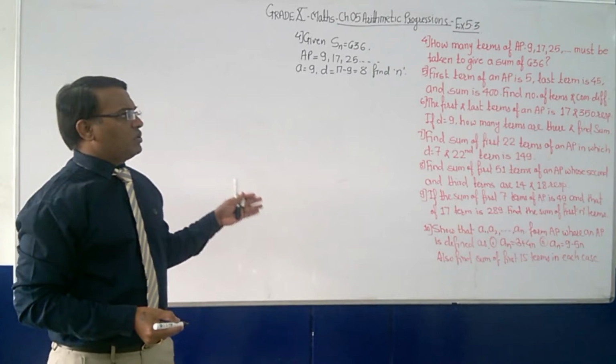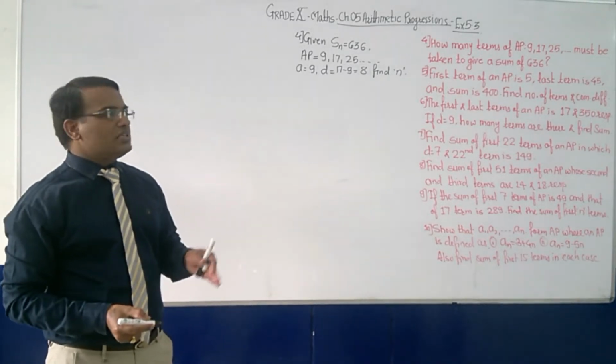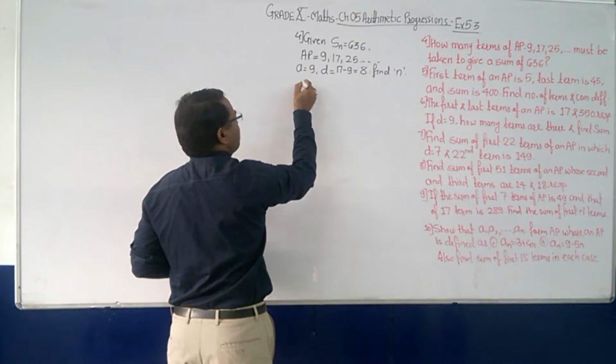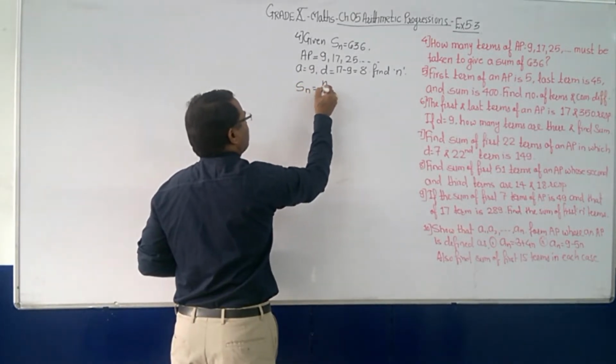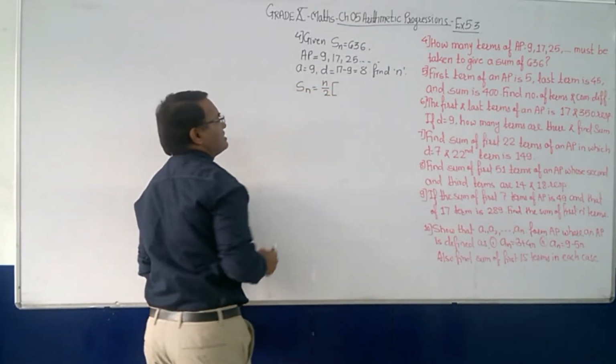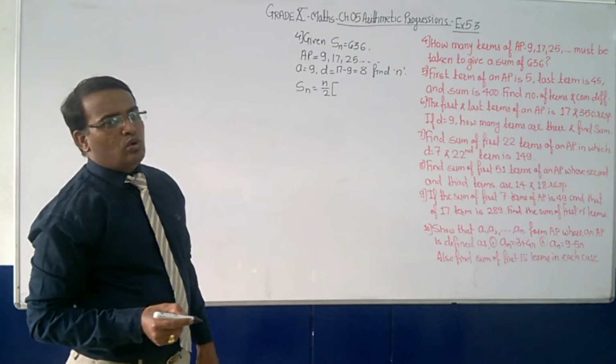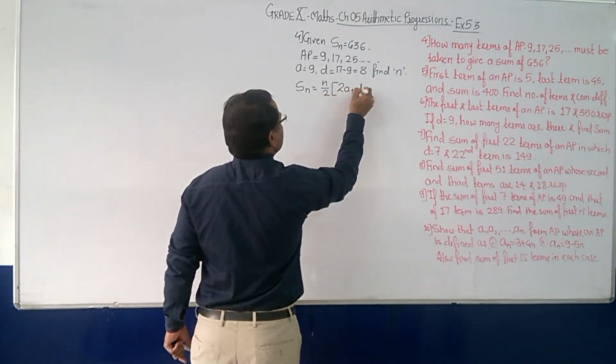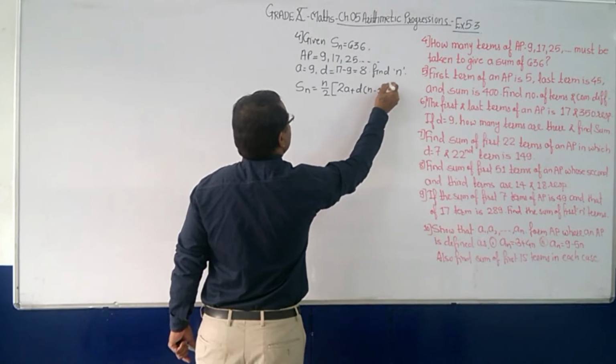Now take the things that are given and use them to find the unknown thing. As we can see, Sn is given, so first let me write down the formula. Sn is equal to n by 2 into 2a plus d into n minus 1.